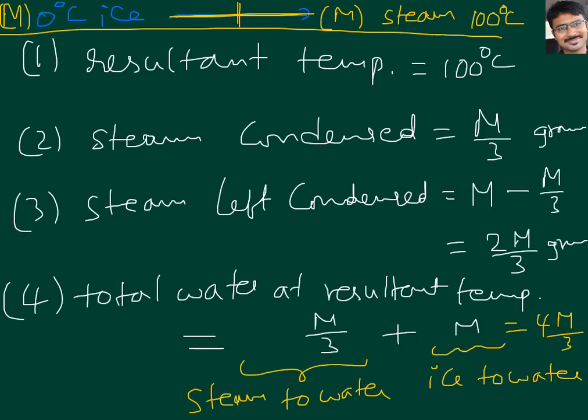But remember the conditions: first, the ice and steam mass must be the same, either both 6 grams, or both 8 grams, or both 4 grams. And the ice must be at 0 and the steam at 100. Then only you apply these results. If they have given other masses or other temperatures, then you can't apply these formulae. I hope you are clear with this. Very important model. Thank you.